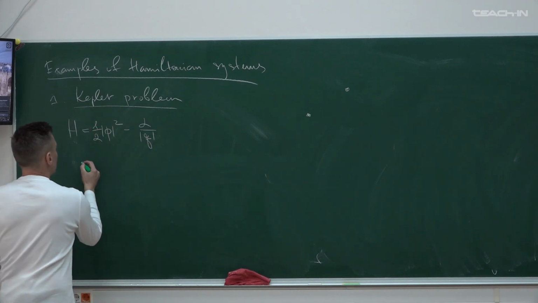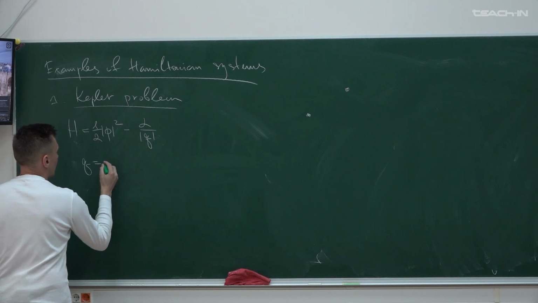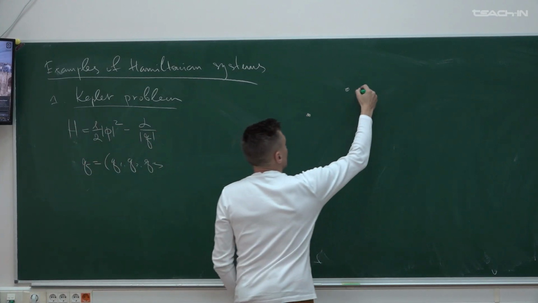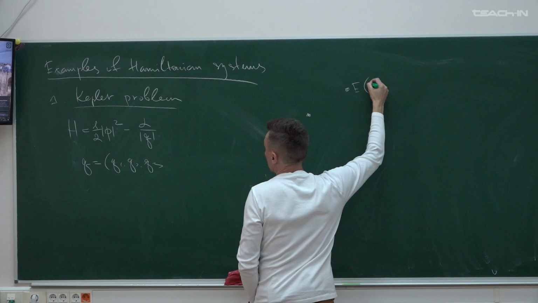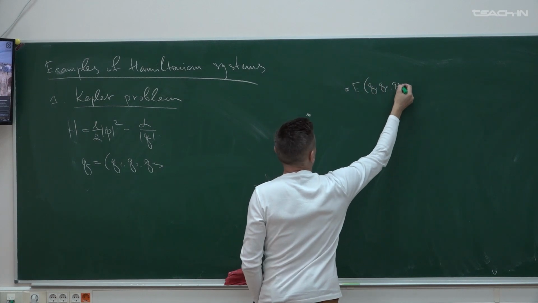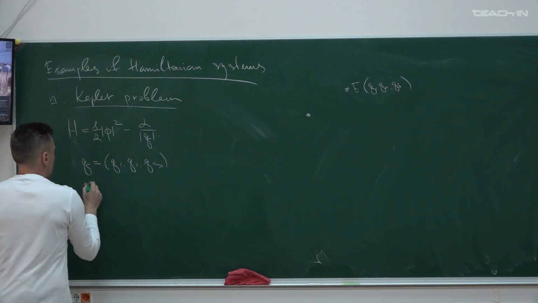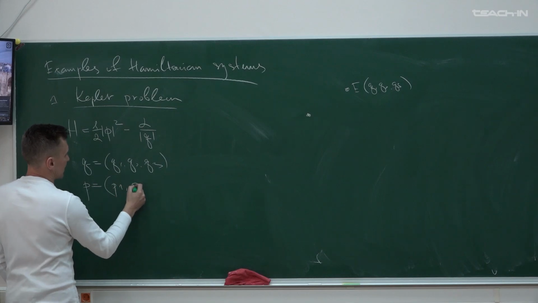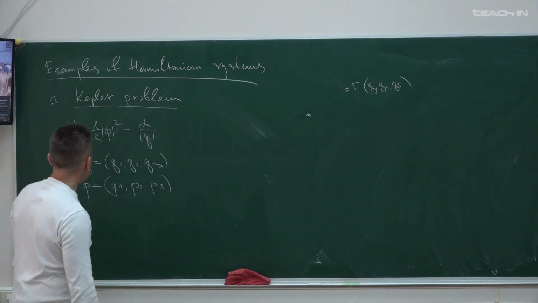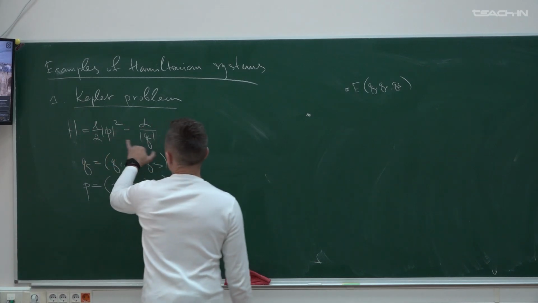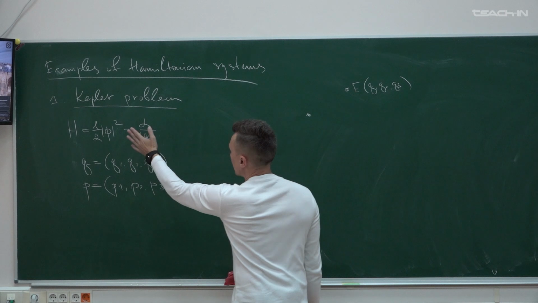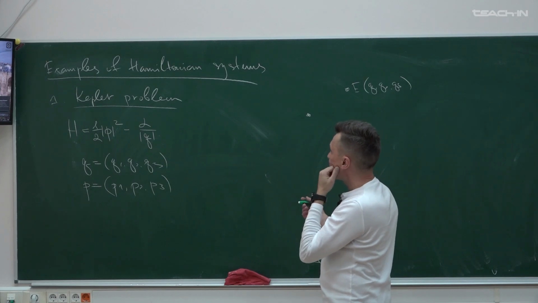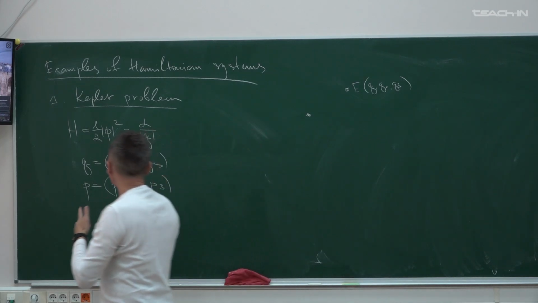Here q is the coordinate of our point, q1, q2, q3, the Earth with coordinates q1, q2, q3, and p is the momentum. Here is the absolute value of this vector, and the Poisson bracket is canonical.